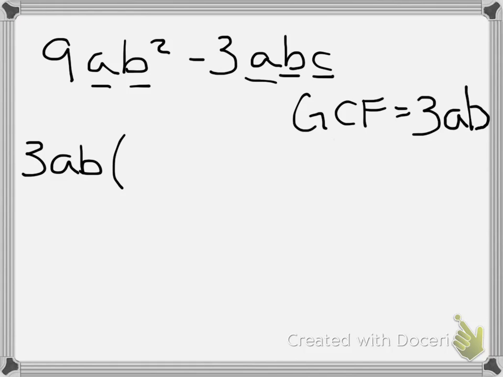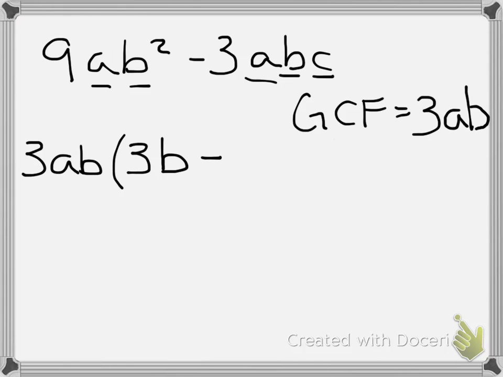So I know my GCF goes in front. And then inside the brackets is everything that's left over after I've divided my GCF out. Okay, so 9 divided by 3 gives me 3. A divided by a, that cancels them out. B squared divided by b gives me 1b left. Okay, so that's my first term. My second term, I'm going to go 3 divided by 3, so that just leaves me a 1. And we don't usually write 1s, right?